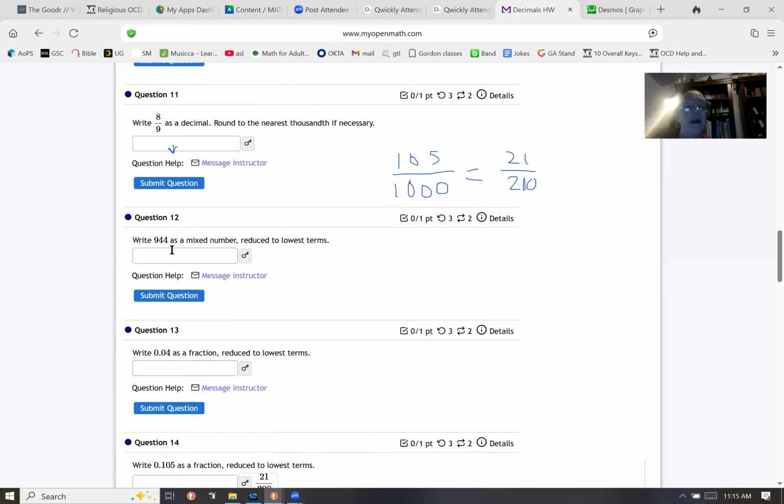Okay, write 944 as a mixed number reduced to lowest terms. 944 is already a whole number, so you just say 944.